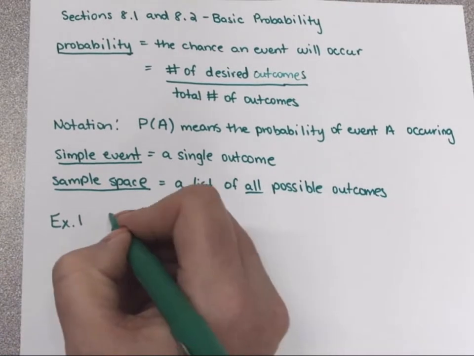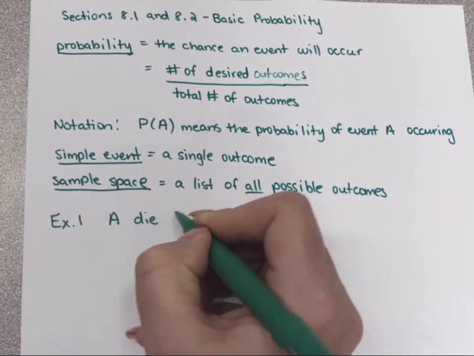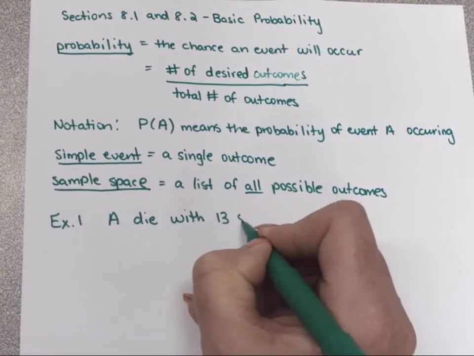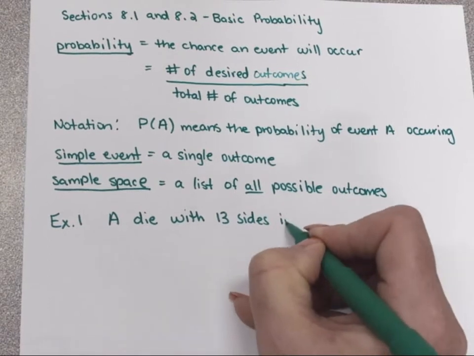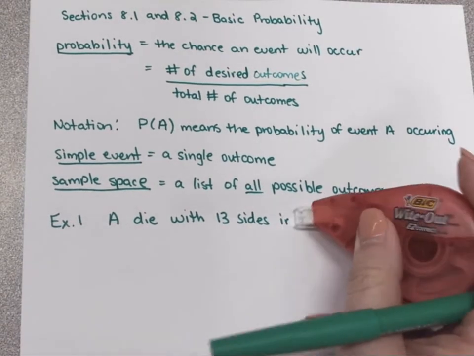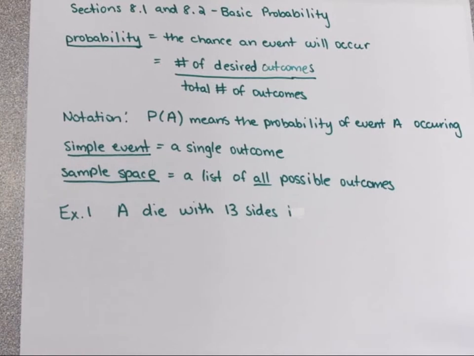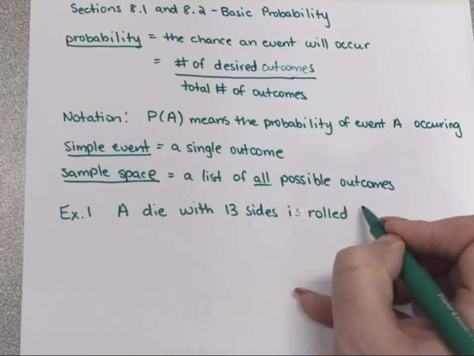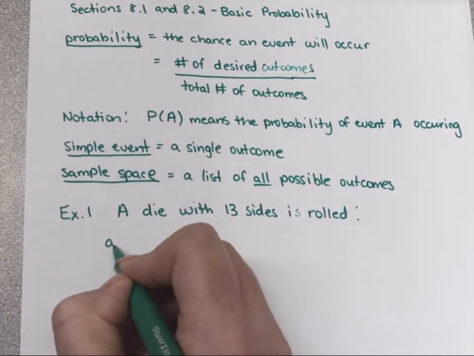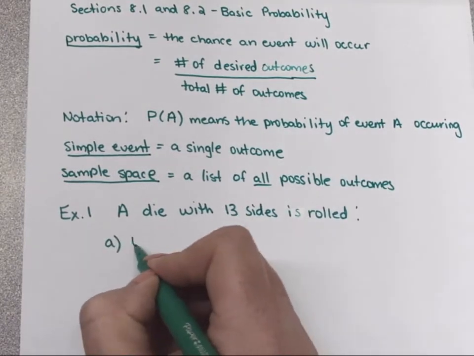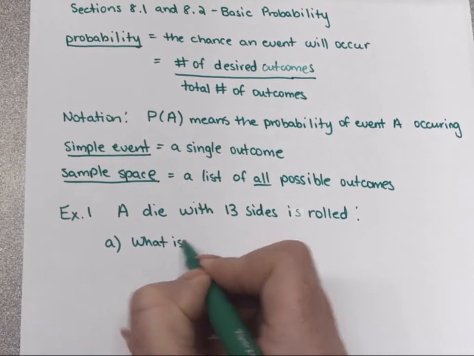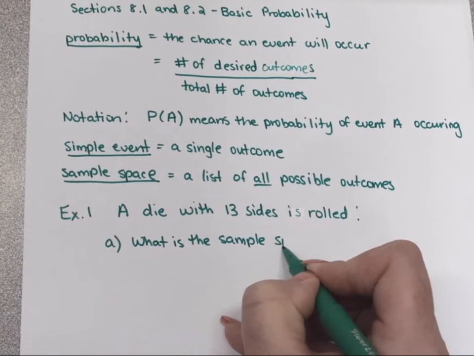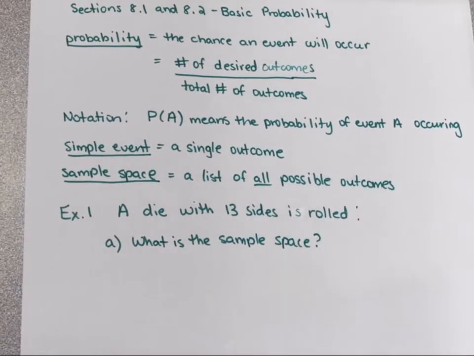All right, so just to get the notation and stuff down, let's look at maybe a die with 13 sides. So the first question is, what is the sample space? A sample space is just a listing of all the options.